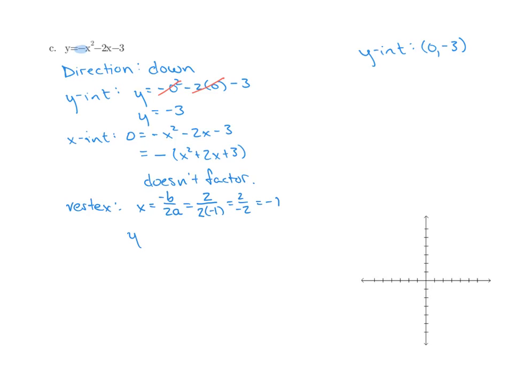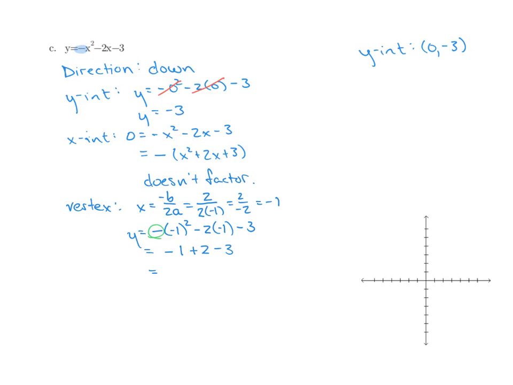If we plug in, we get y equals -1 squared minus 2 times -1 minus 3. -1 squared is +1, but we still have the negative in front, so this is going to be -1. -2 times -1 is +2, minus 3.